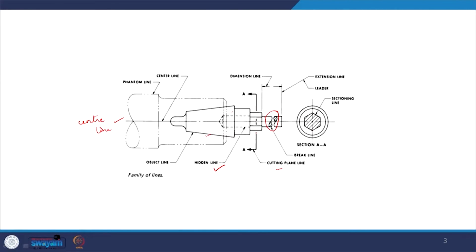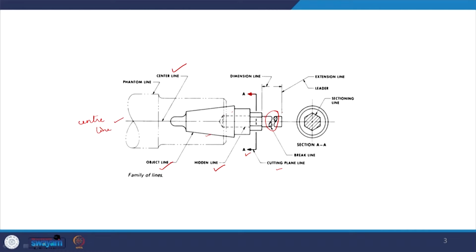So, this is the hexagon. Then we have a circle which is marked by this. Then we have another circle which is marked by this. We are seeing it towards this side, which is what I was telling you. When we draw a cutting plane line, we also have to mark an arrow to show which side we are looking from. This is the center line we have already seen, the object line, the cutting plane line.